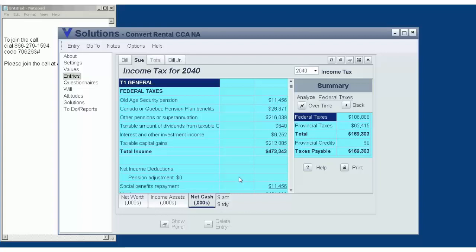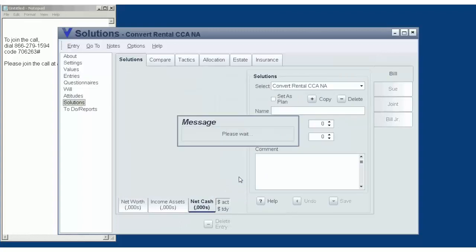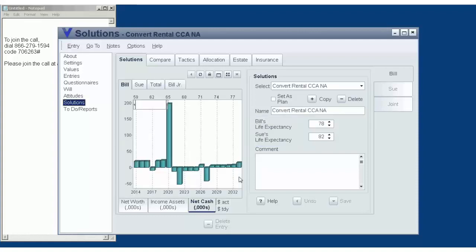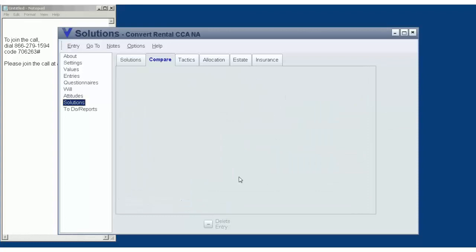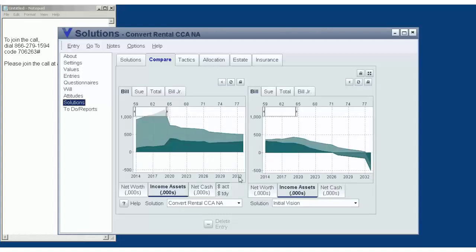So one last thing I want to show you is this. I believe that our role is not to tell clients what to do, but when they're thinking of doing certain things, our role is to help them understand what the implications are. To the degree that we're showing them the implications, you could say we're giving advice, but really what we're doing is allowing them to thoroughly understand what all of this means so that they can make the most informed decision.